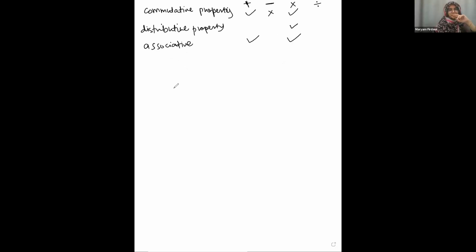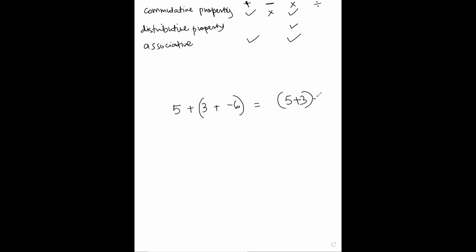Can you tell me how it holds for addition? 5 plus 3 plus minus 6 will be equal to (5 plus 3) plus minus 6, and 5 plus (3 plus minus 6).